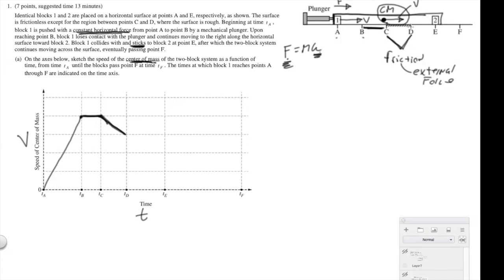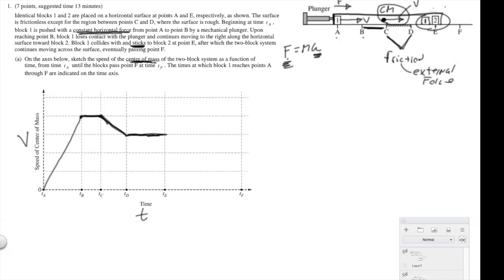Now, from D to E, we're back to constant velocity, like that, no friction. And then at point E, block 1 is going to smash into block 2, but the force of that collision, is it external to the system or is it internal? The answer is it's internal, right?